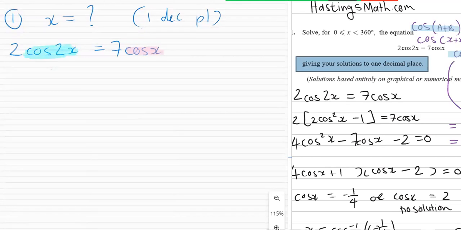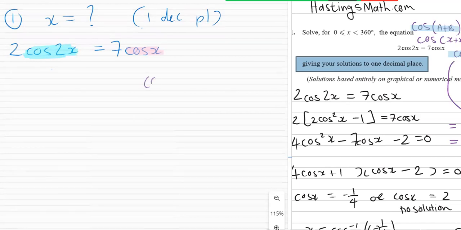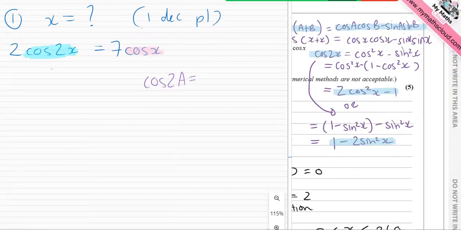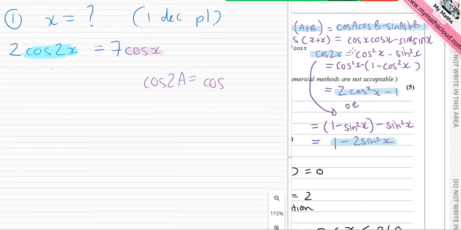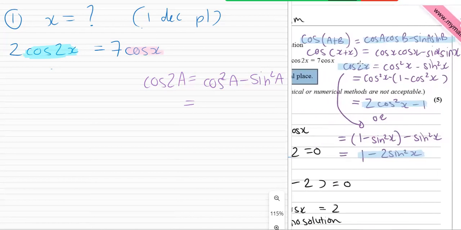Okay. So we know that cos 2a can be any of these 3 things. Cos squared a minus sine squared a, or it could be, and this is just from manipulating the compound angle formula, just look at this proof if you want to.